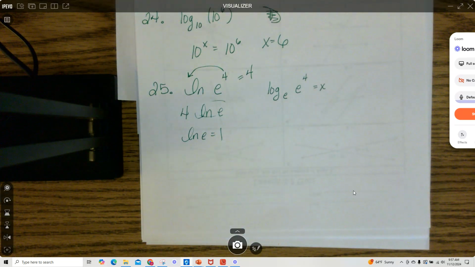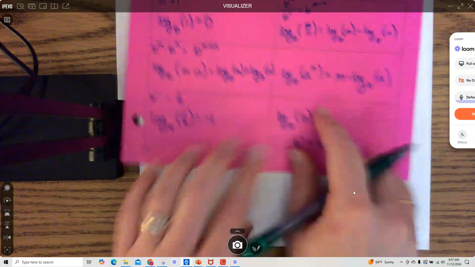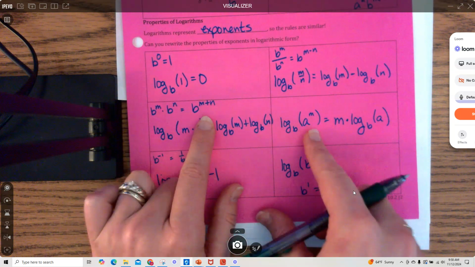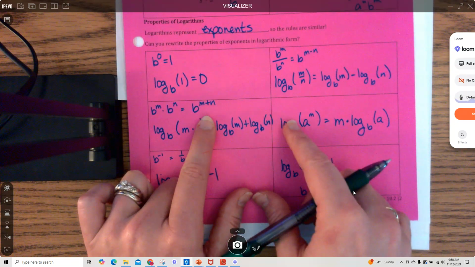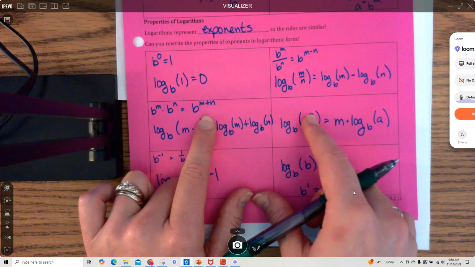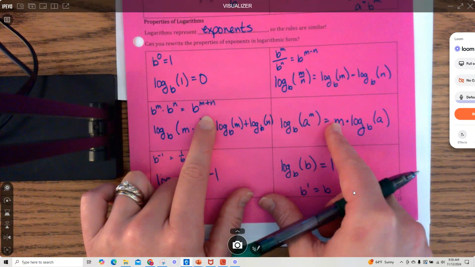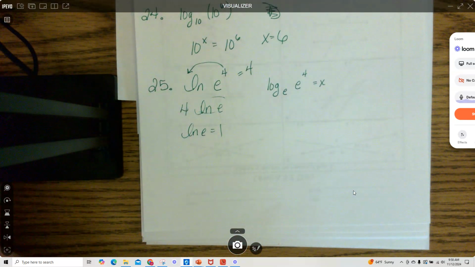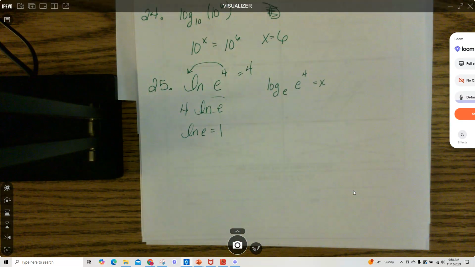I will try to find something that gives you all the rules, like a chart where you can say, if this is raised to a power, I can make that power a coefficient. Knowing those rules lets you show your work on these. That's what I'm worried about, being able to show our work.